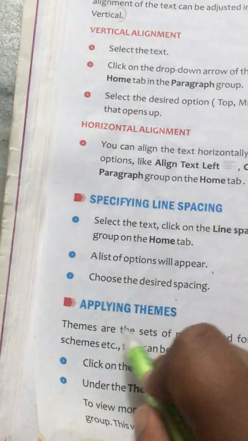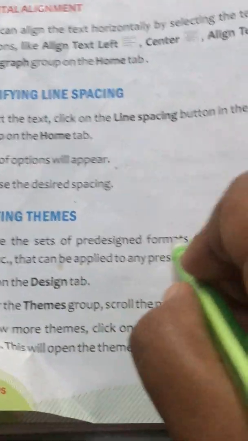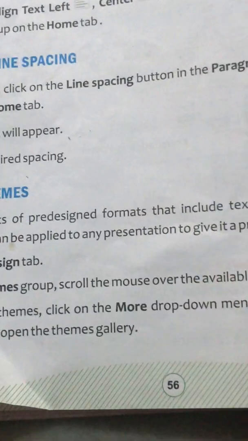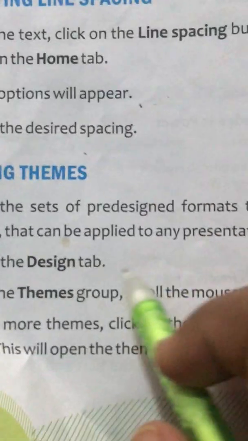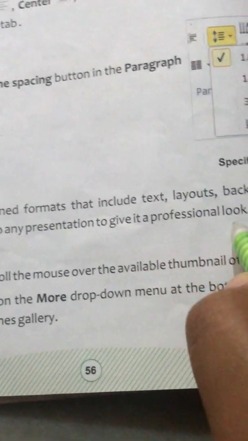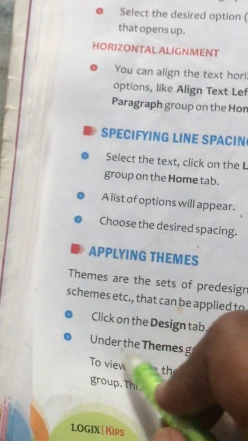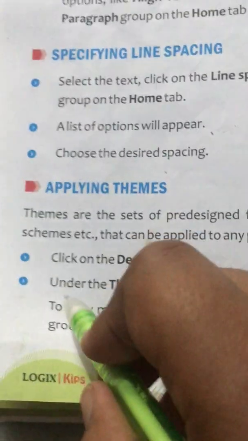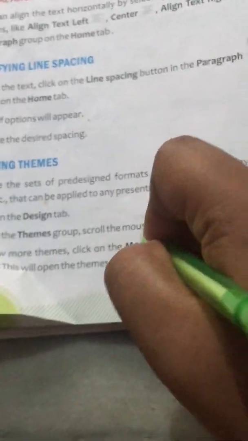Applying themes. Themes are the sets of preset formats that include text, layout, background, scenes, etc. that can be applied to any presentation to give it a professional look. Click on the Design tab under the Themes group.